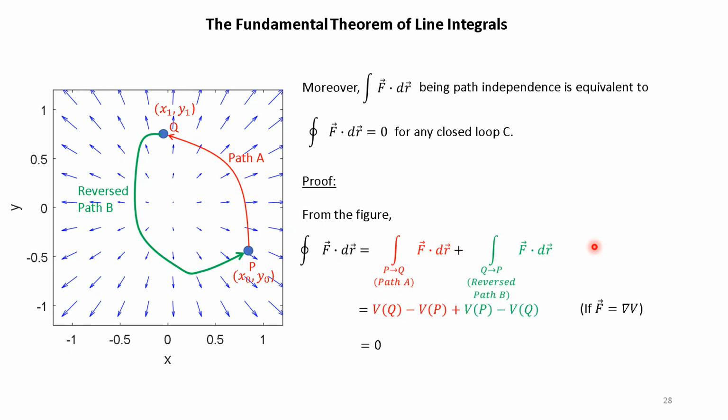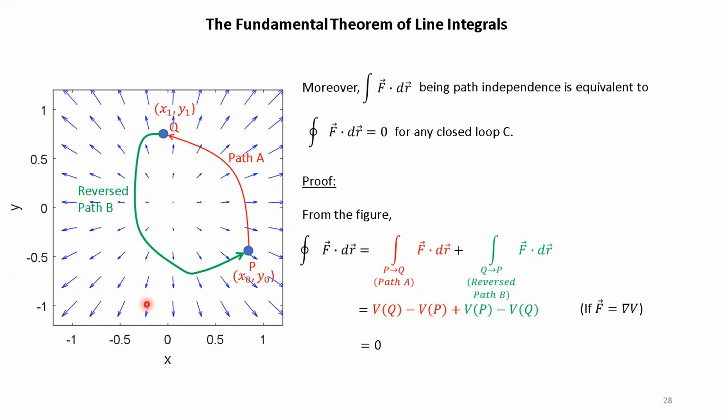So now, what it means is that if I have a conservative field, right? If I pick any point to start with, and then take a closed path and go back to the original point, then the line integral is 0.